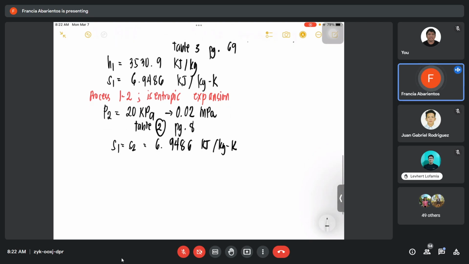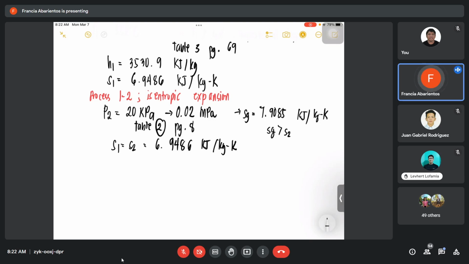We'll find now, take note, our SG here is how much? Entropy at saturated vapor, 7.985. Okay, so our SG is higher than S2.